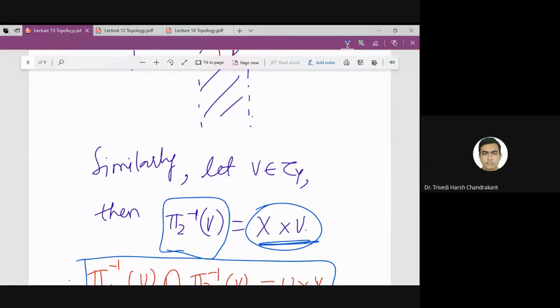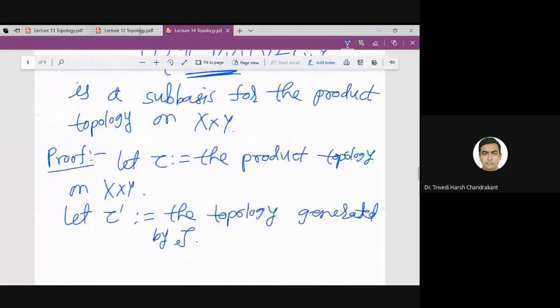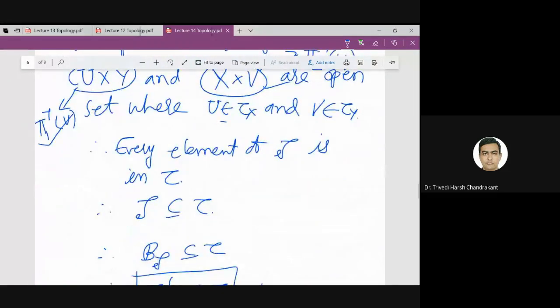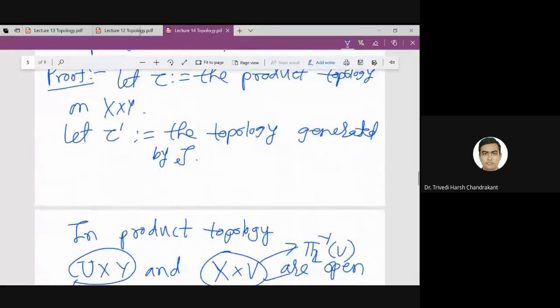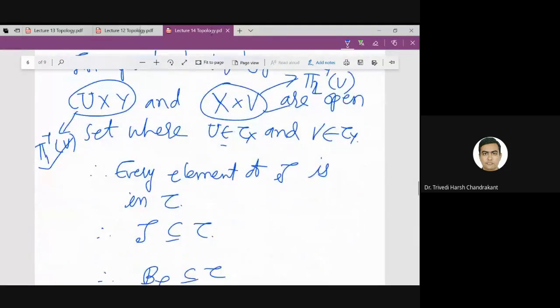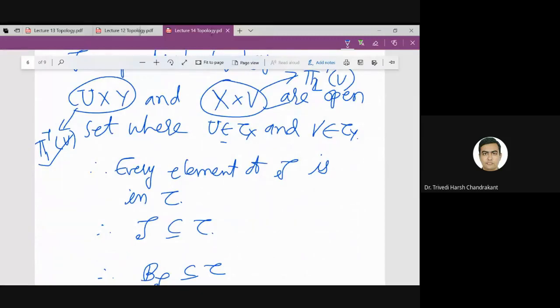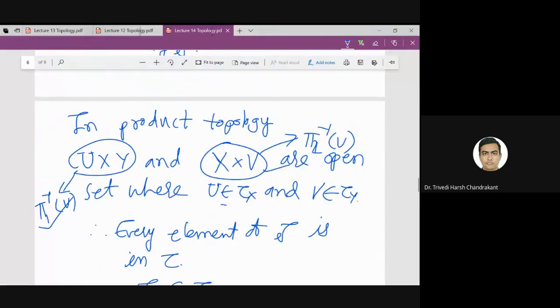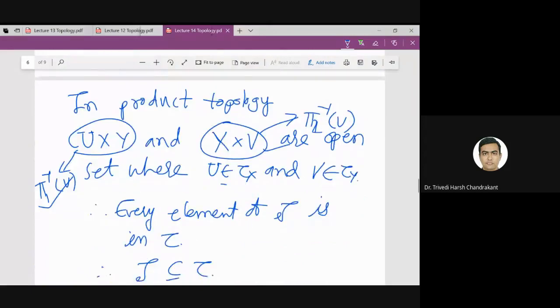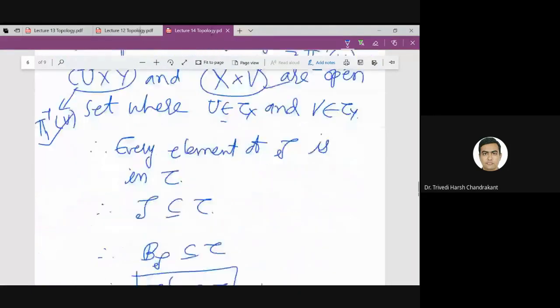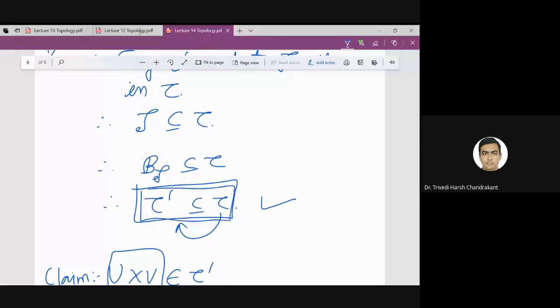So that is the first part here. Of course this is not that easy to understand at first instance, but basically what we are using is that a topology is closed under finite intersection, and every topology is closed under arbitrary union. So first we need to show that tau dash is contained in tau.